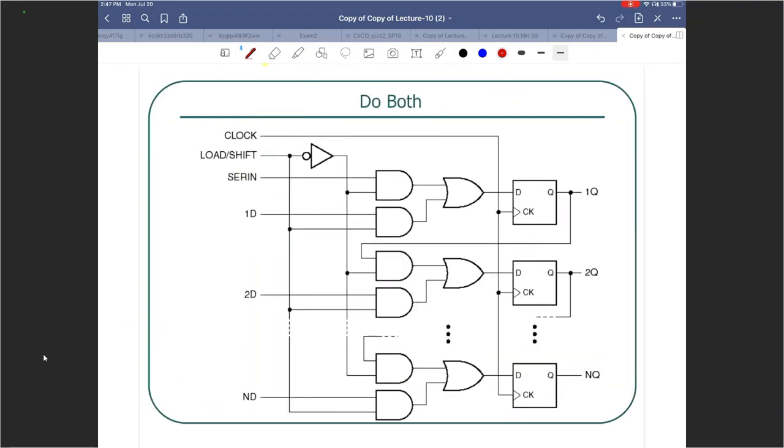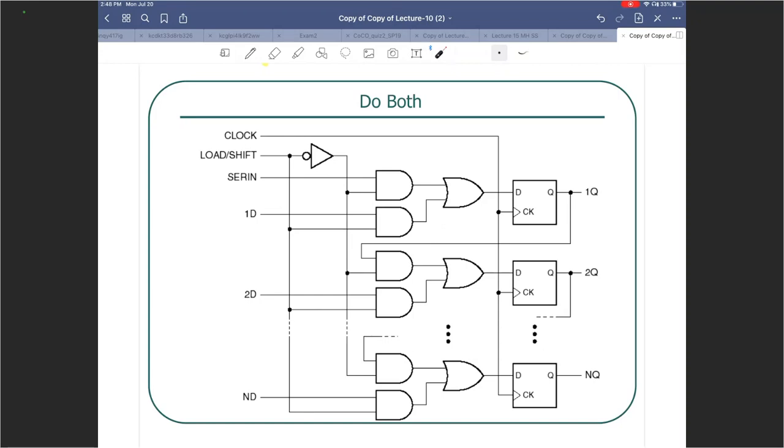Let's do both, which means now we are trying to do serial in, parallel out, serial out, all the combinations, right? So let's try to see how that works. The D flip-flops that we have are all positive edge triggered. If I observe the outputs 1Q, 2Q, and so on up to NQ, that will be my parallel output.